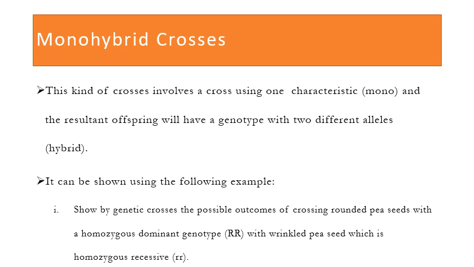Either we are going to have a rounded pea seed that is represented by capital letter R, or a wrinkled pea seed that is represented by small letter r, and these are recessive alleles.